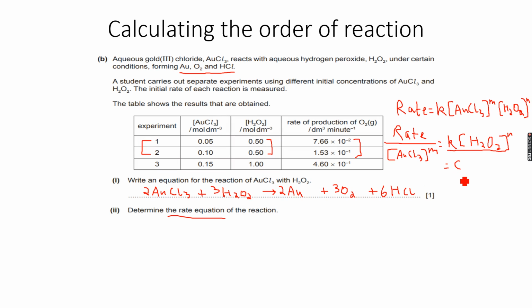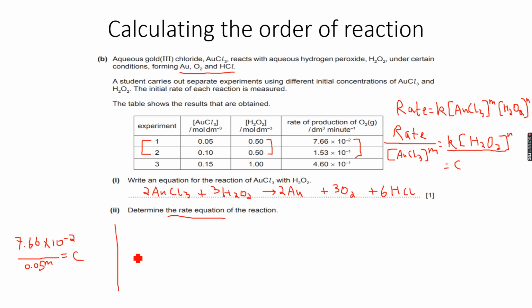a constant c. So if I take experiment 1, this means that 7.66 into 10 to the power of minus 2 over 0.05 to the power of m is equal to c.